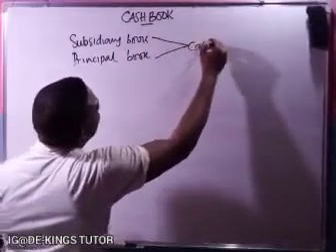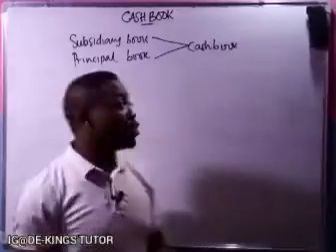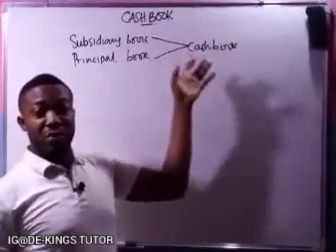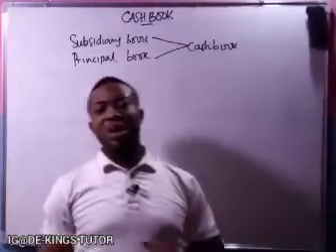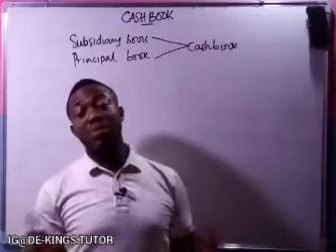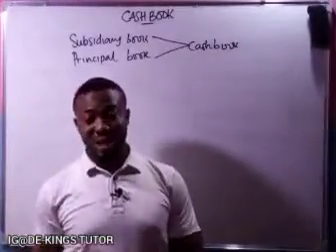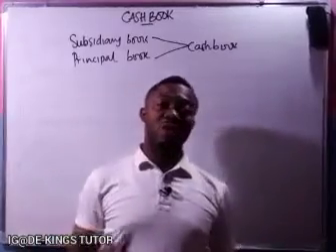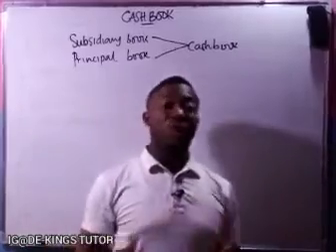It is only the cash book that has both functions and qualities. Subsidiary books are books used in recording a first transaction on a temporary basis before it is posted on a permanent basis to the ledgers. If you have not seen the video on that, I'll drop it here or in my description so you can watch the full video.